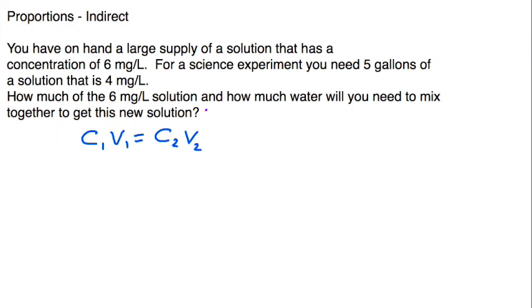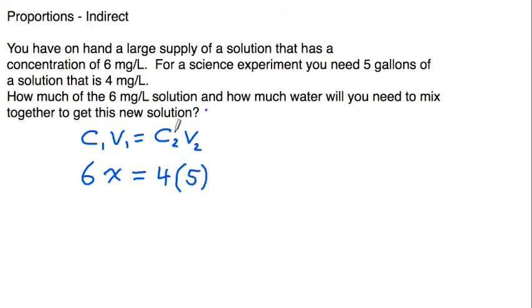So we know the concentration of the first one is 6 milligrams per liter. We do not know the volume of the first one, so I'm just going to put X. The second one's concentration is 4 milligrams per liter. And the volume of the second one we want to have is 5 gallons.